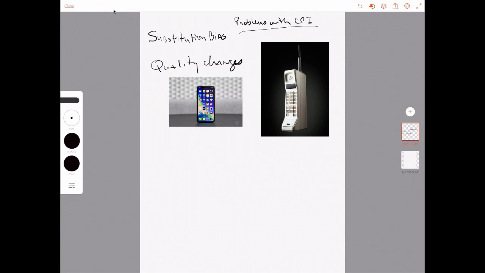And if the price of one good goes up relative to the other or down relative to the other, reflecting quality, that's going to screw up the measurement of CPI.